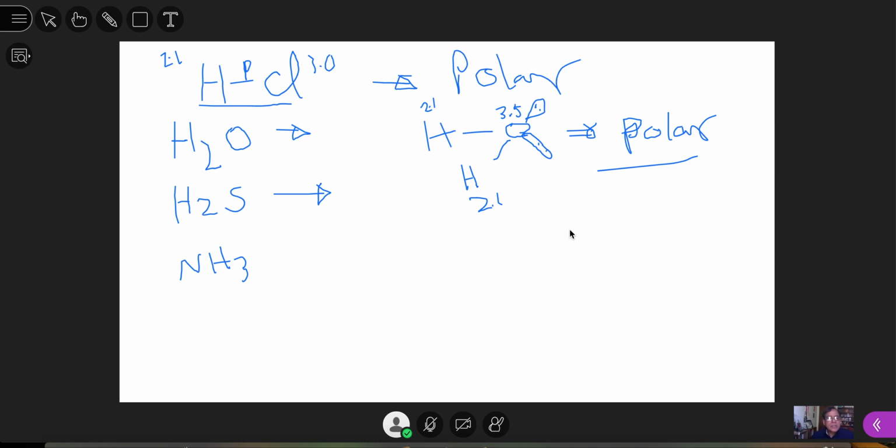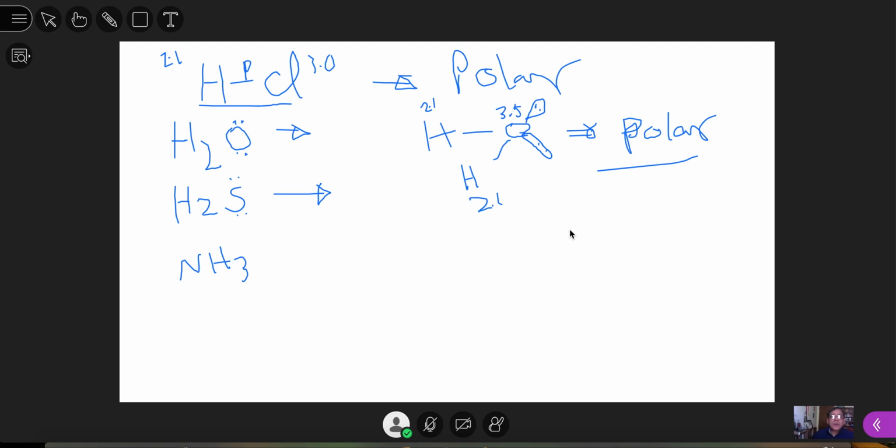How about H2S? Is it polar or non-polar? Remember, oxygen has a lone pair, and sulfur also has a lone pair. Sulfur's electronegativity is 2.5.